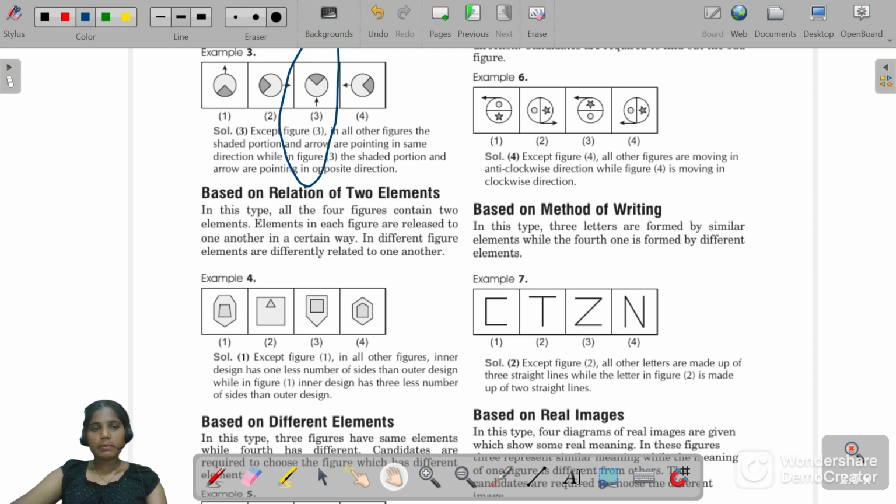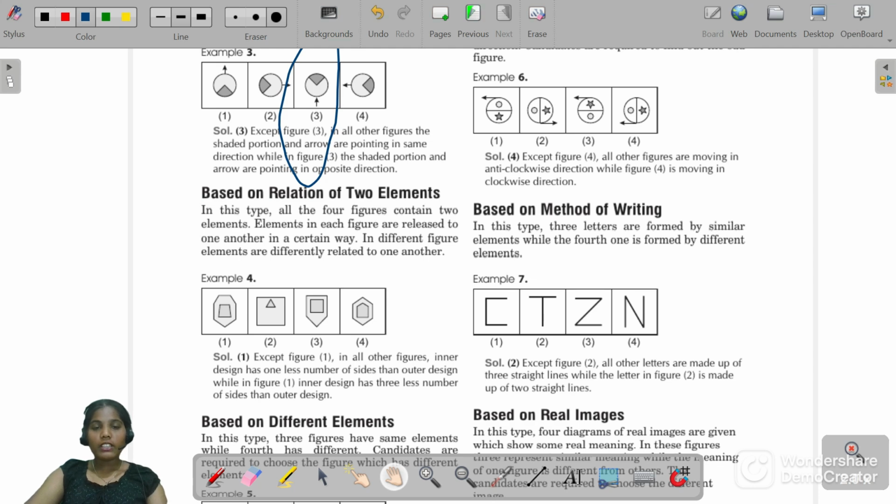The next type is based on relation of two elements. We can see in this example 4, there is a concept here, the two elements are related in some way. In option 1, the outer figure has 7 sides and the inner figure has 4 sides. Likewise, in the second figure, it's a square and inside it's a triangle, so the number of sides will be 4 and 3. In figure 3, there are 5 sides outer and 4 sides inner.